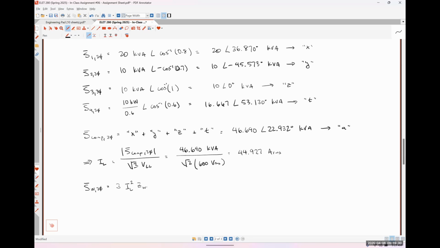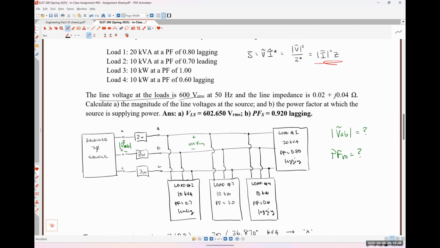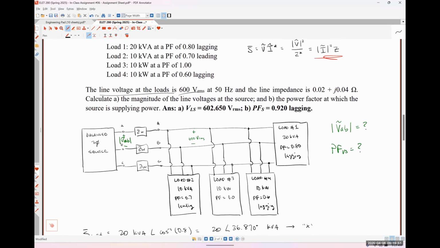So each of those individual transmission line impedances are going to absorb IL squared times ZW, and because I have 3 of them, I'm just going to add all 3 of those together. So that's 3 times my answer squared times my impedance up here, which was 0.02 plus 0.04 j.